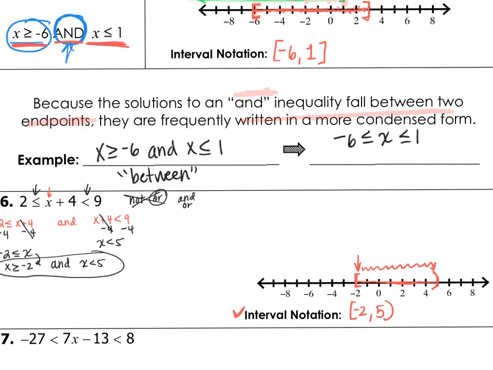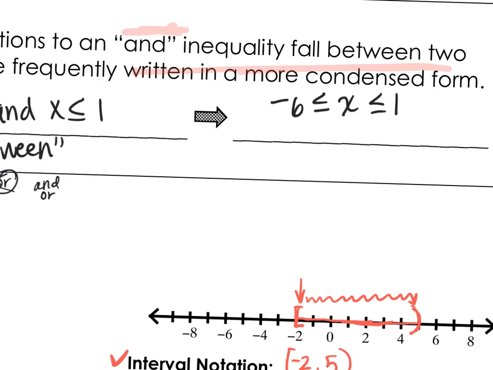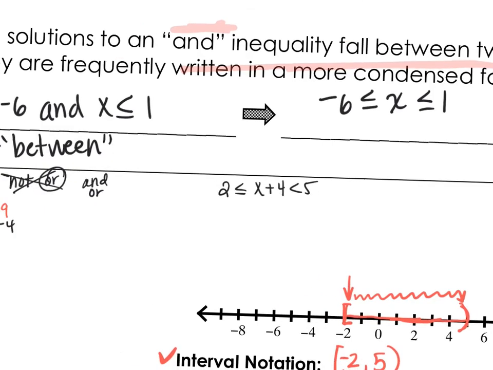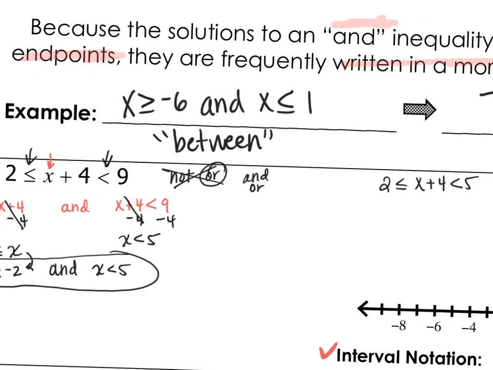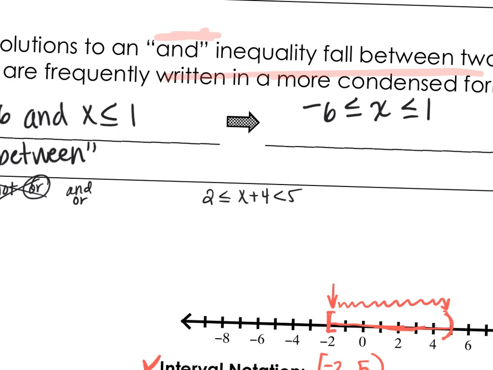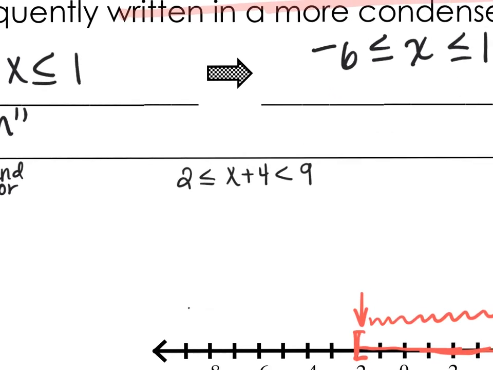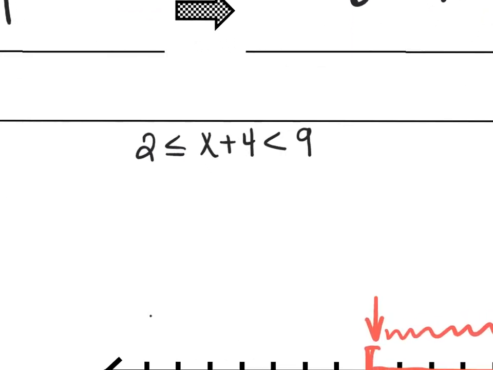I want to share something about this problem. Let's look at it one more time. 2 is less than or equal to x plus 4, which is less than 9. Sorry about that. Okay, you know how I set it up into two inequalities with "and," right? I said 2 is smaller than or equal to x plus 4, and x plus 4 is smaller than 9.